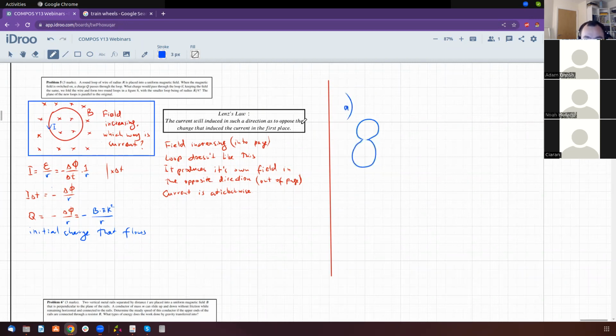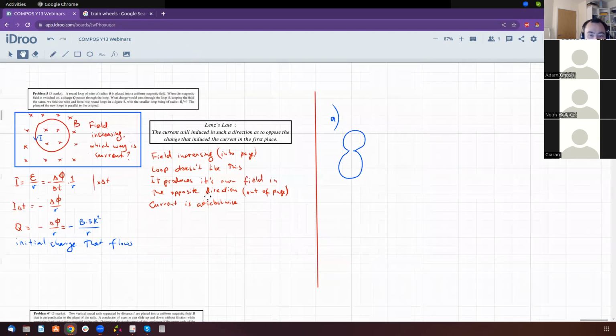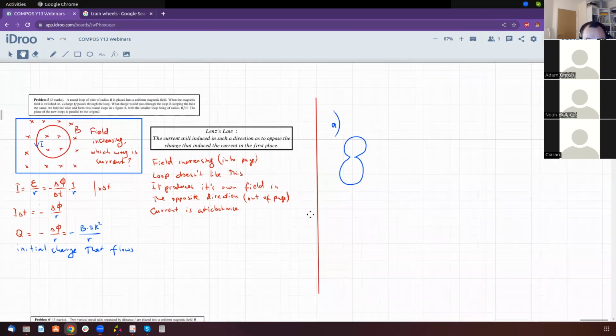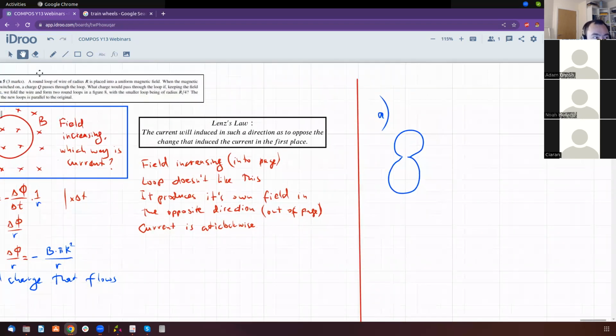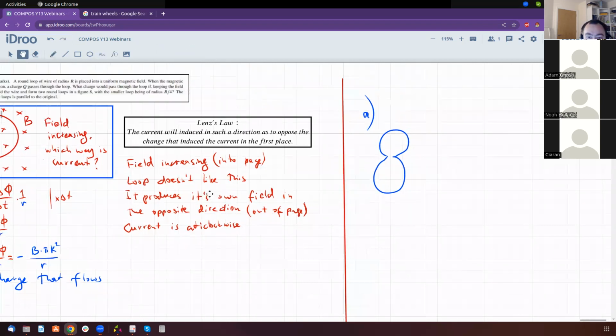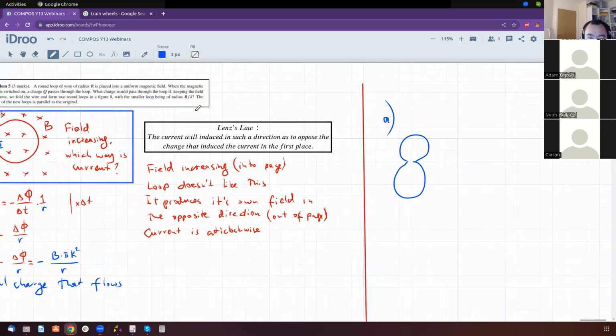So A, and the wire is folded like this. So you will have, basically what happens here, fold it like this, fold like this.